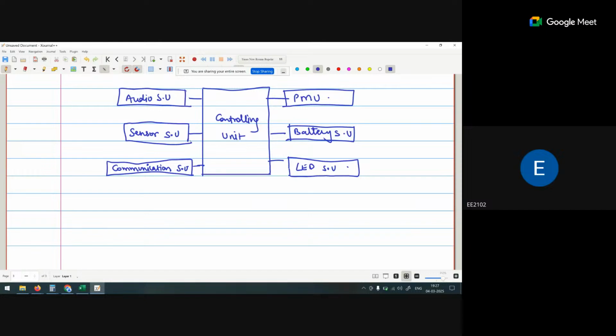And all of this will be controlled by the MCU controlling unit, or the MCU or MPU microprocessor. Mainly we use microcontrollers.